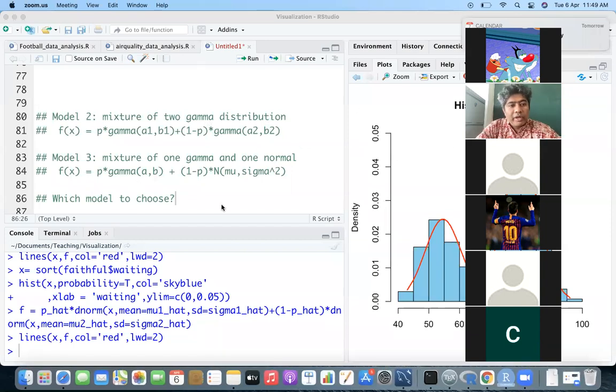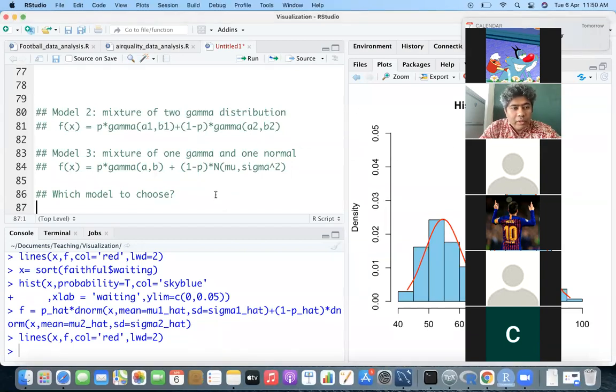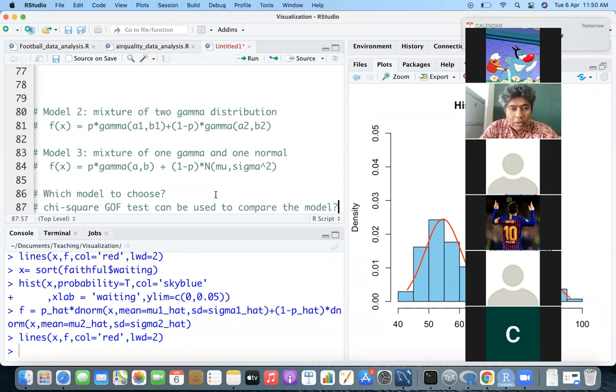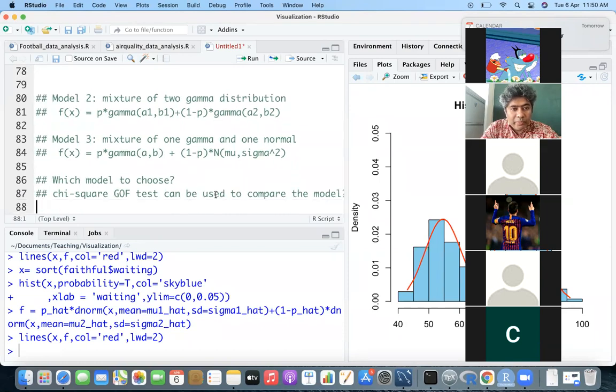Chi-square goodness of fit test can be used to compare the models. Very good.